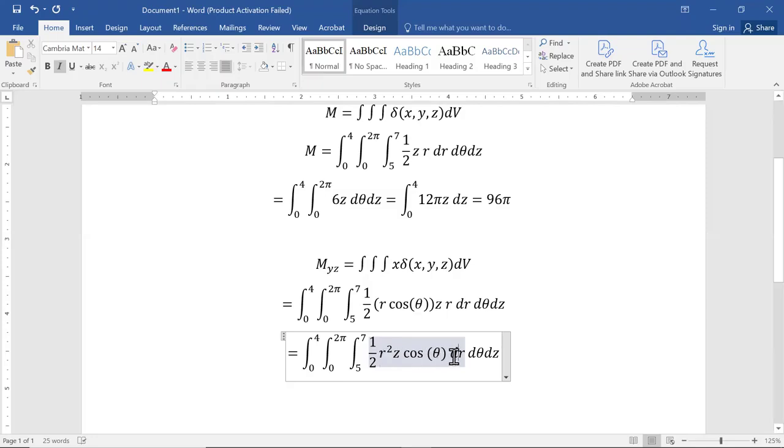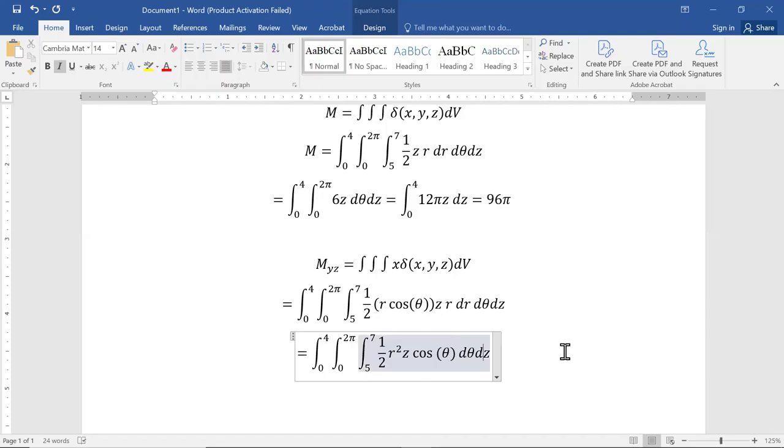Right now we're integrating with respect to r first. I'm going to integrate with respect to theta first, and then z, and then r. So theta goes from 0 to 2 pi, z goes from 0 to 4, and r goes from 5 to 7.